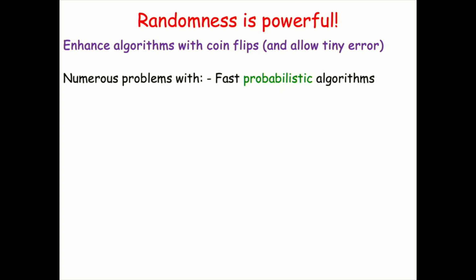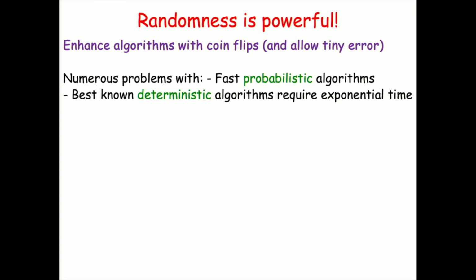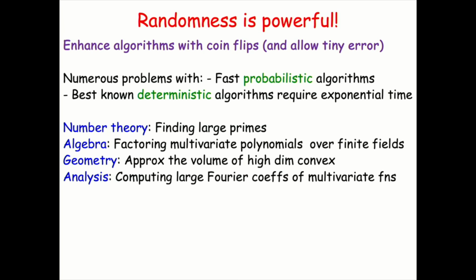There are numerous problems for which we know fast probabilistic algorithms, but in many cases, the best deterministic algorithm that doesn't toss coins requires exponential time. So it seems that randomness is extremely powerful in algorithms. That's what we used to think, and there are many such algorithms in math. I listed some here, and there are, of course, many others for lots of other problems.